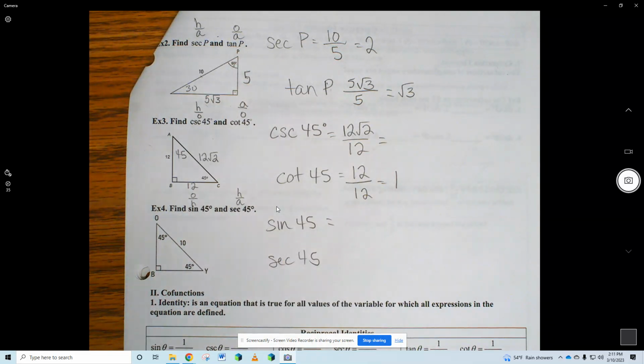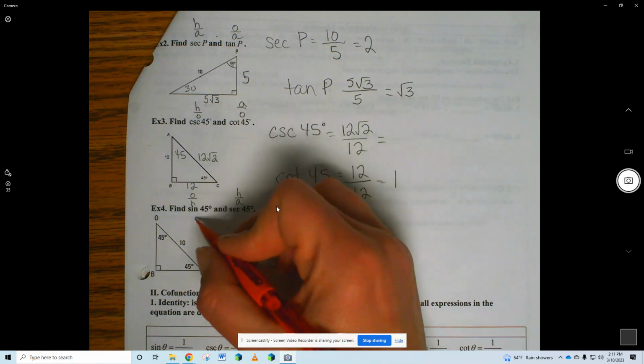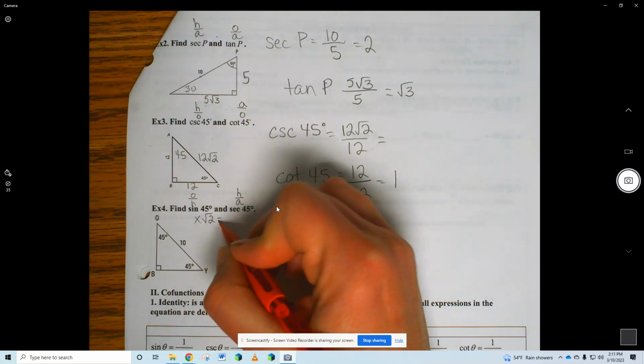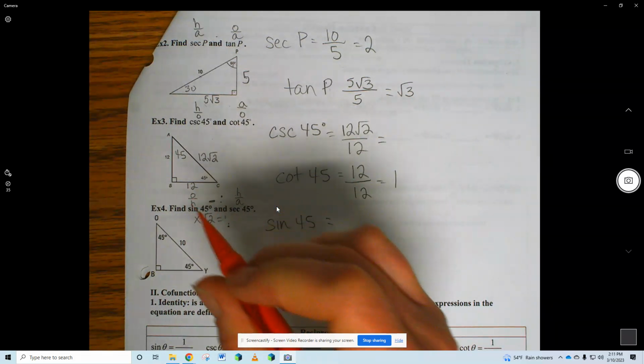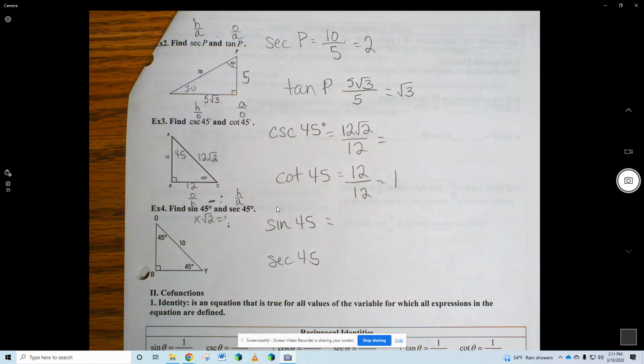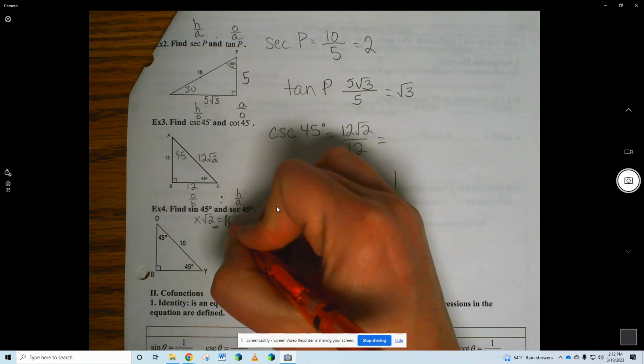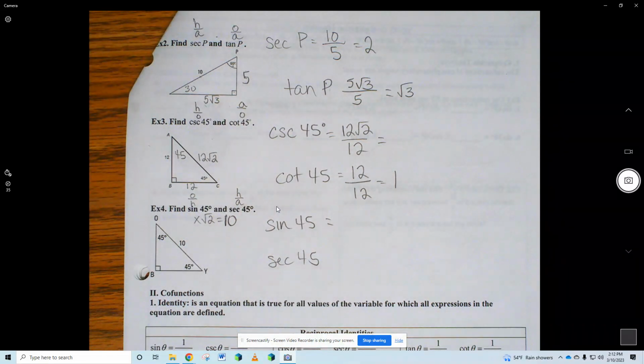What are the side lengths of this triangle? The x rad 2 value is 10. So I need to solve for x.